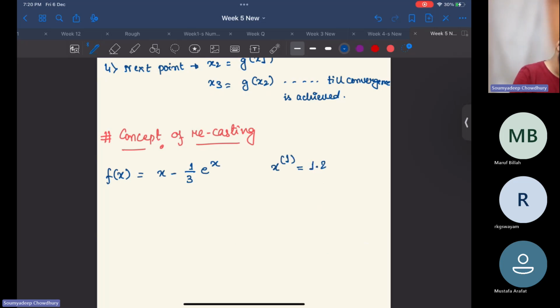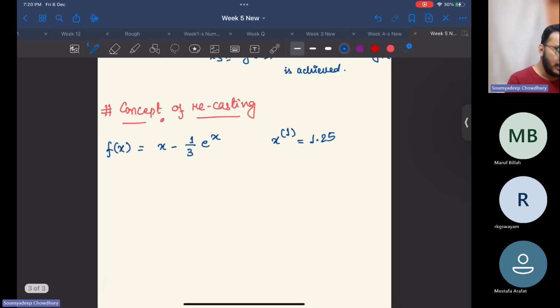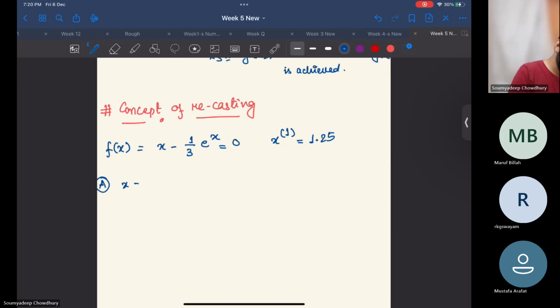Now if we want to use the idea of recasting, we try to write this function in the form x equals g of x. There are two possibilities.